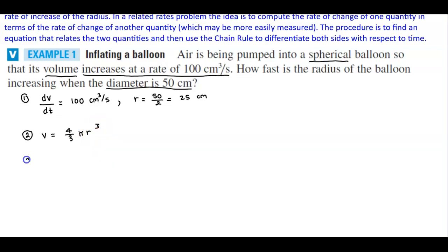On the left side, we get dV/dt, and then the derivative on the right is 3 times 4/3, which gives us 4 pi r squared times dr/dt.